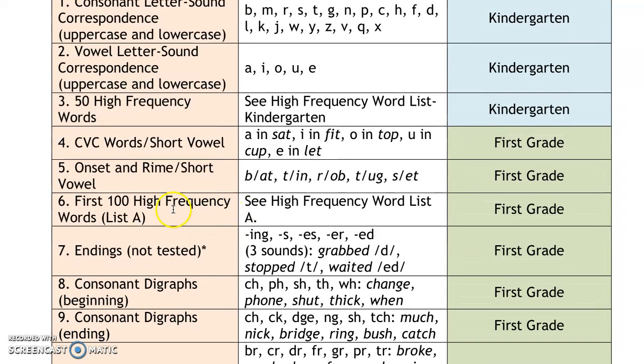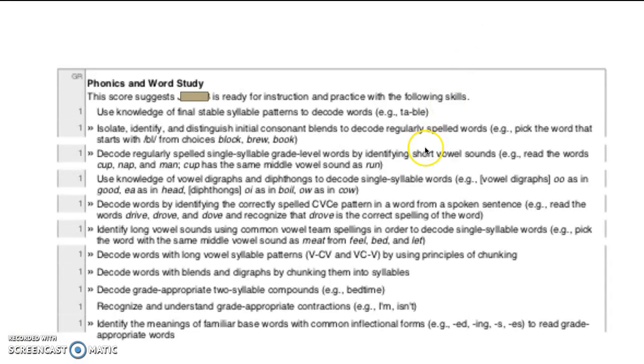I noticed that short vowel sound CVC words is right up here at the top, and that is also one of the skills that my student needs help on. This should have been taught in first grade, and he clearly needs help with this skill, so I think that's probably where I would start with this particular learner.